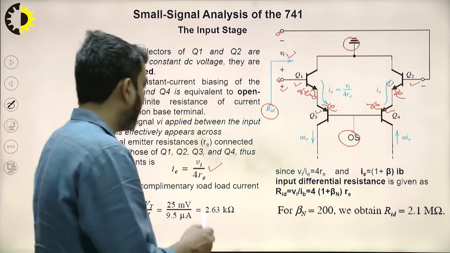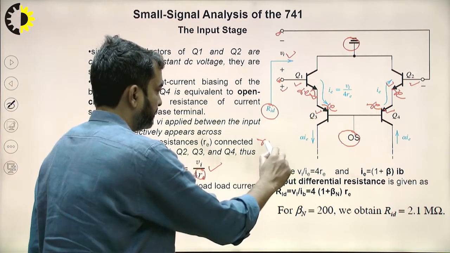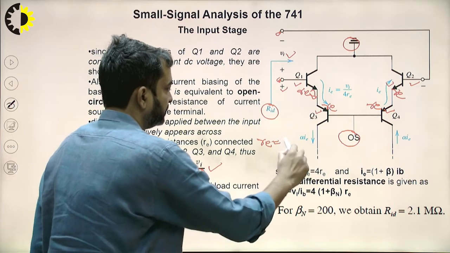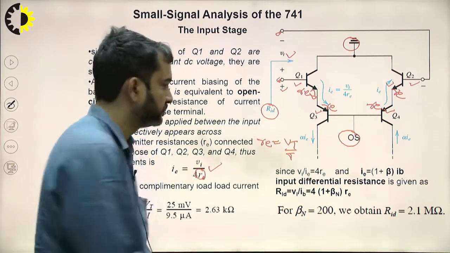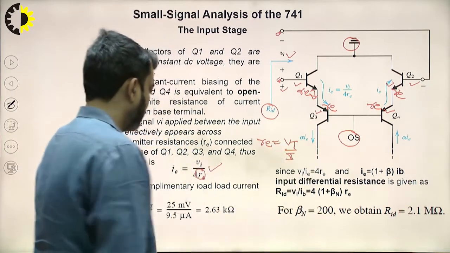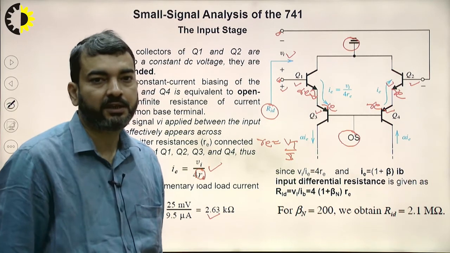If we calculate Re, Re is Vt by I. If we solve this, it comes as 2.63 kilo ohms.